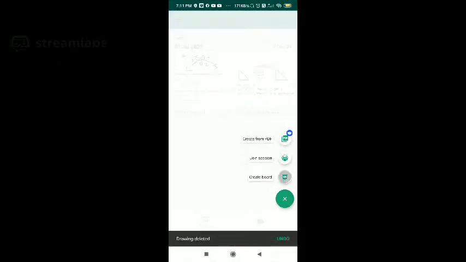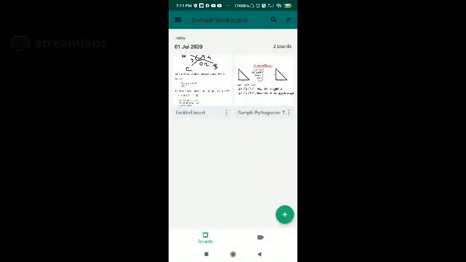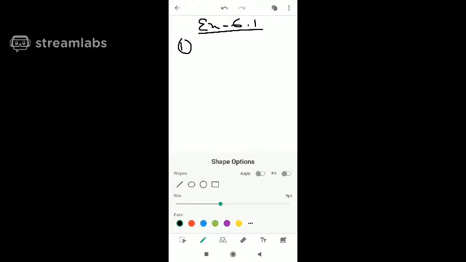First of all I'll draw the diagram. The diagram is something like this.